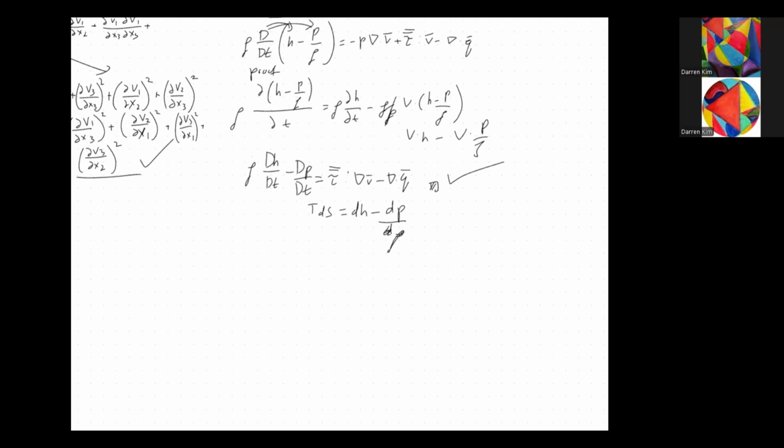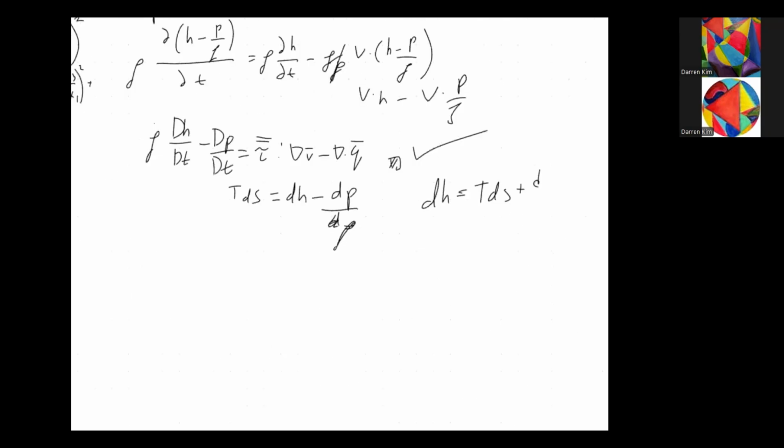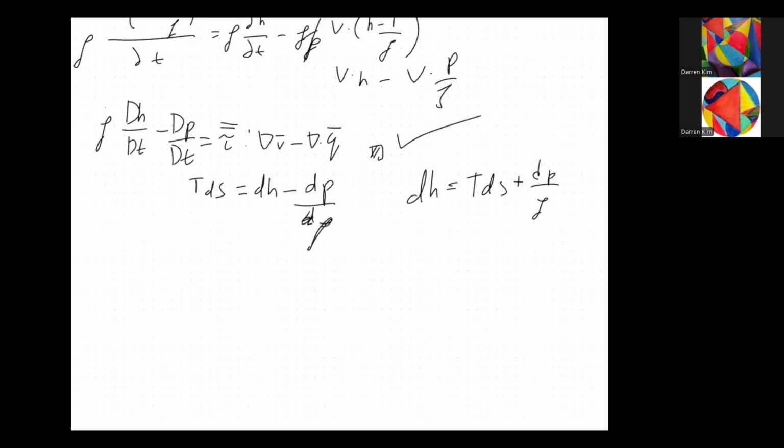So, because it's a direct derivative, I think he did a dH and then he did a equal to TdS plus dP over density, right? Because we know this is true from thermodynamics. We move it to this format. We put it back into here.